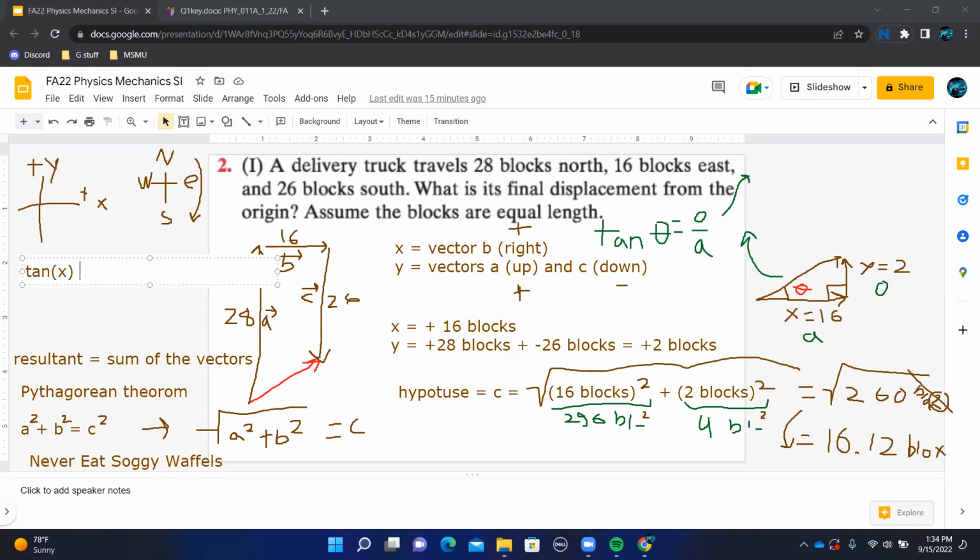Let's put X, Y. Let's hope this isn't covering too much.